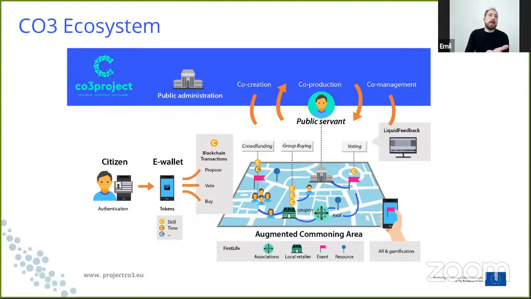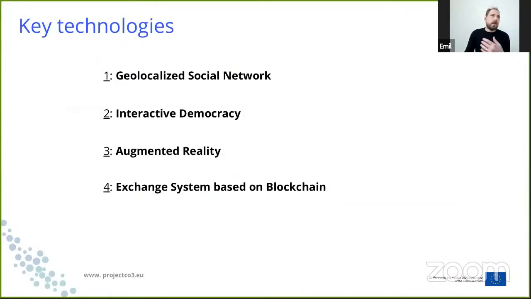It was combined with, for example, augmented reality or interactive democracy, like delegated voting systems. And in addition to that, also with a new form of exploring geolocated social networks.